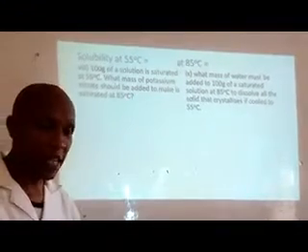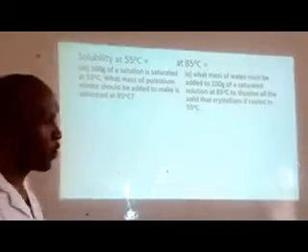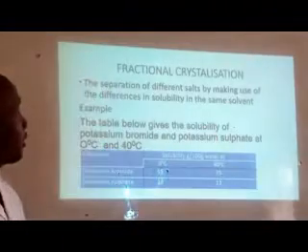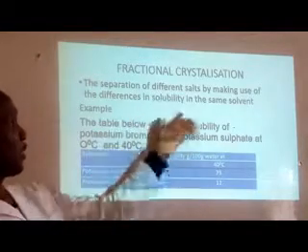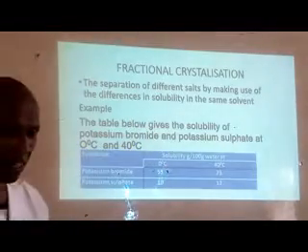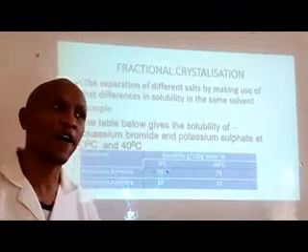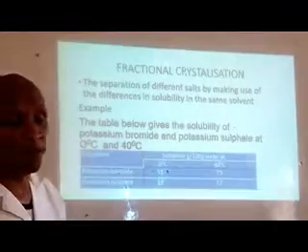But now, finally, we look at the application of solubility and solubility curves. We can use solubility curves to separate salts that have different solubility, and that is actually what we did in the Solvay process.